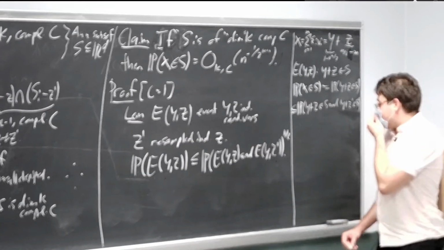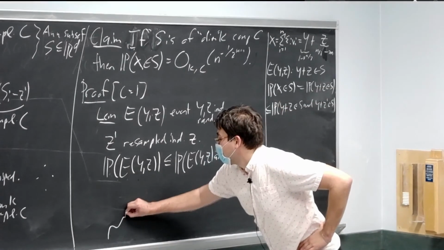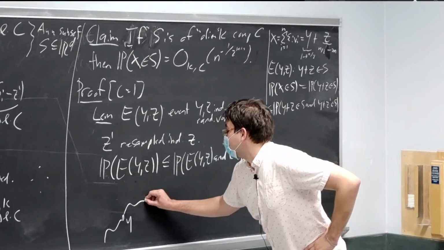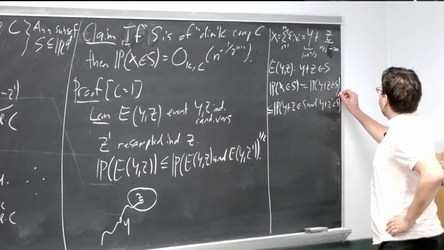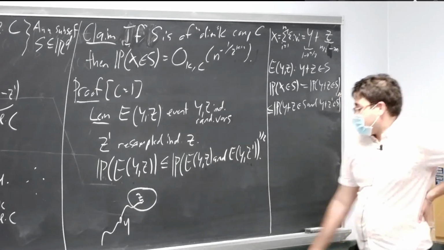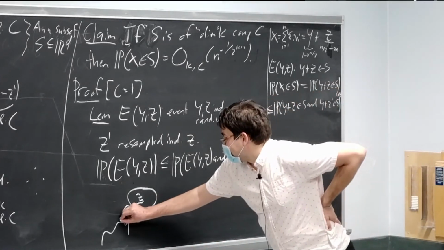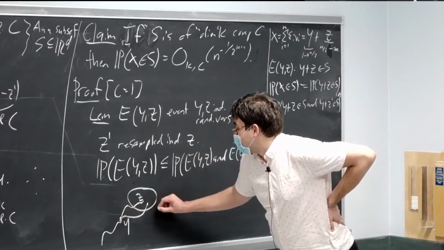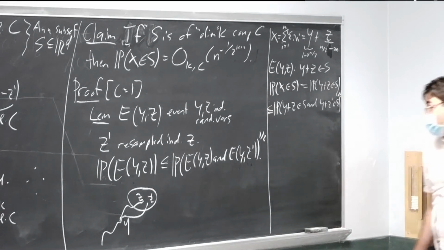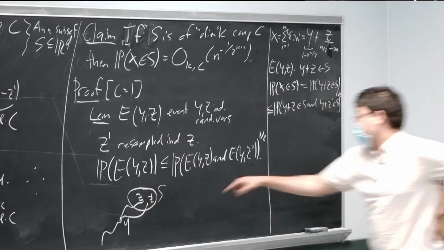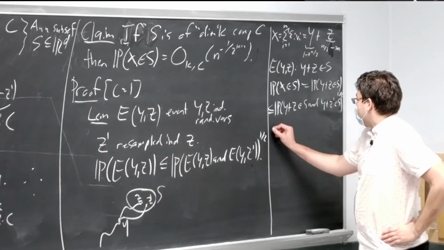Let me draw a picture of this. If I have my random walk, it goes up to y, then to z, and there should be a 1/2 over here. We're trying to estimate the probability that the random walk ends up in here. I'm saying it's easier to estimate the probability that this happens when I resample the second part of the random walk, so that both of these branches end up lying in S. Now here comes the fun part.